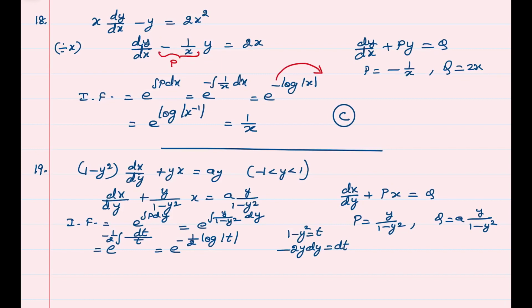Now to cancel e and log functions, we will take this minus half as the power. We get e raised to log of t to the power minus half. Now canceling e and log, we get t to the power minus half, which is 1 by root t, which is equal to 1 divided by root of 1 minus y squared. The correct option is D.